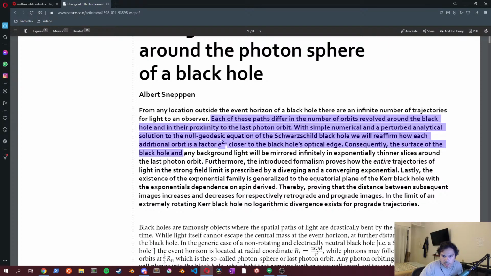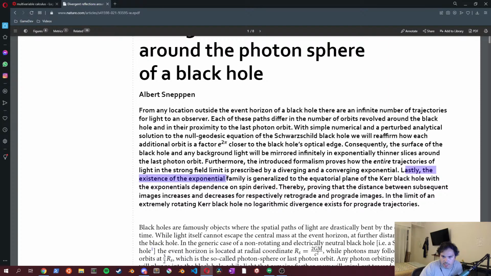Consequently, the surface of the black hole and any background light will be mirrored infinitely in exponentially thinner slices around the last photon orbit. Furthermore, the introduced formalism proves how the entire trajectory of light in the strong field limit is prescribed by a diverging and converging exponential.